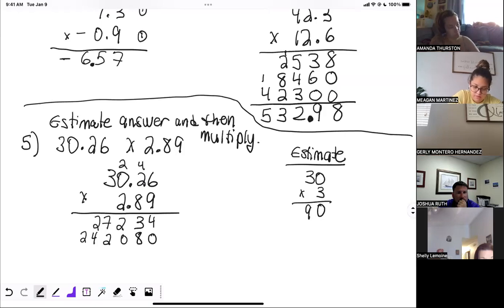Now we're going to do our hundreds spot, so I have to add 2 zeros. And I'm also going to erase these. And here we go. 2 times 6 is 12. 2 times 2 is 4, plus 1 is 5. 2 times 0 is 0. And 3 times 2 is 6.